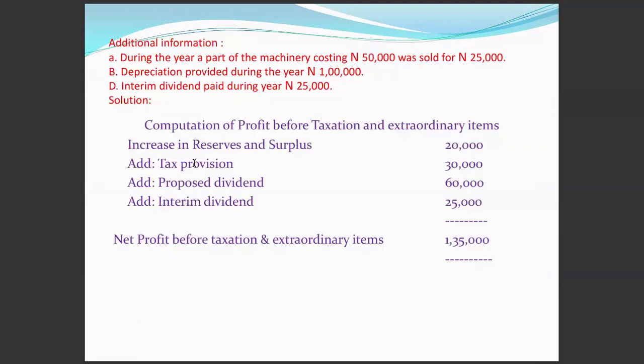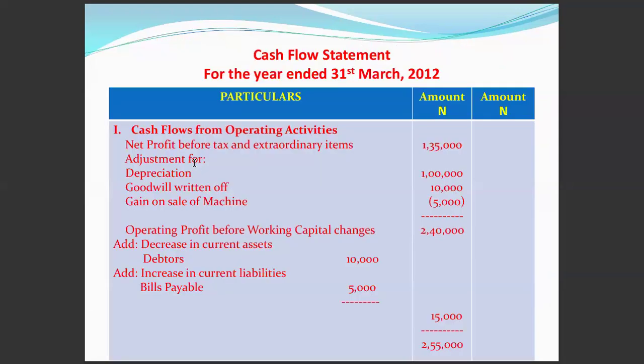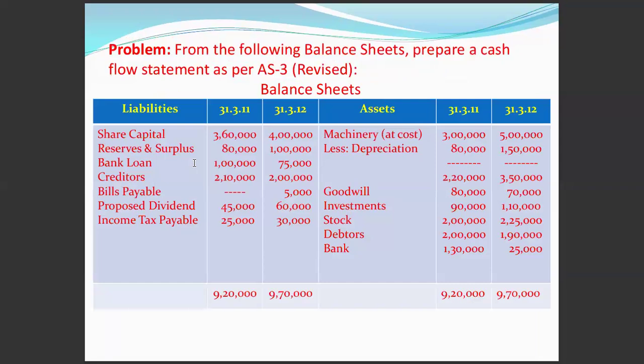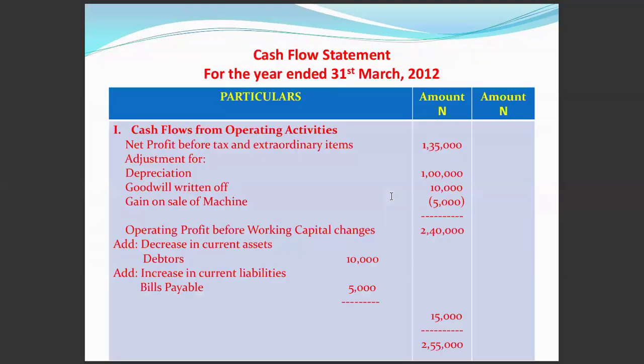So we'll ignore the change and only consider 1 lakh. The goodwill amount, which was 80,000, now becomes 70,000. So the loss is 10,000, and we're calculating 10,000 here.